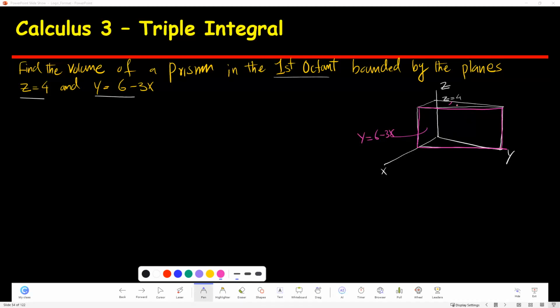The back side is the xy plane, the yz plane, and the xz plane on the two sides. If you want to solve this one, I'm going to look from the top. From the top, it's going to look like a rectangle, something like this.